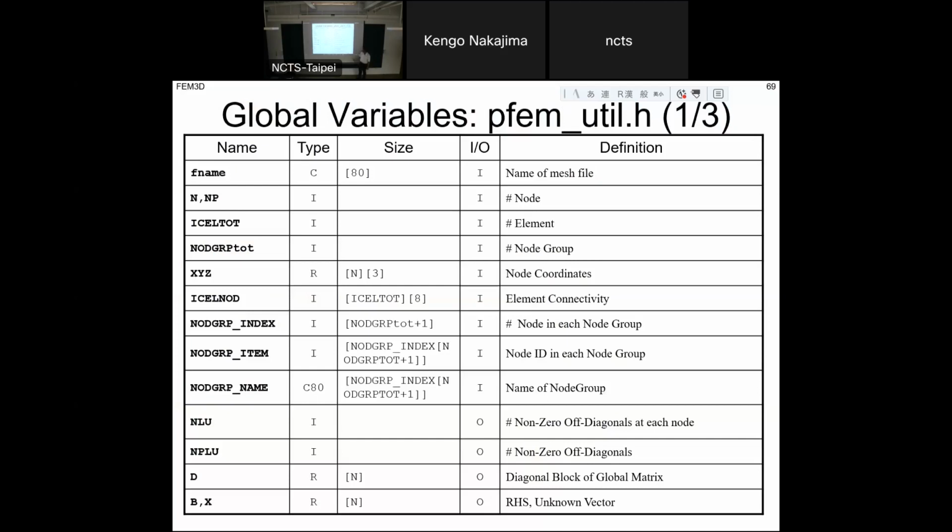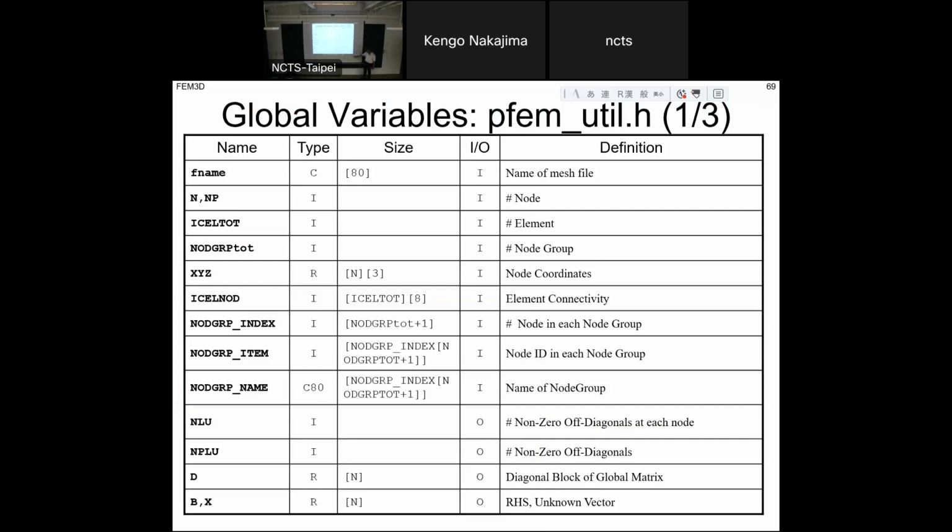Okay. So NMU, I'll show you later, is the number of non-zero off-diagonal components at each node. And NPLU is the non-zero off-diagonal components number. And the B and X are vectors, and the size is n, and the diagonal component of the coefficient matrix.